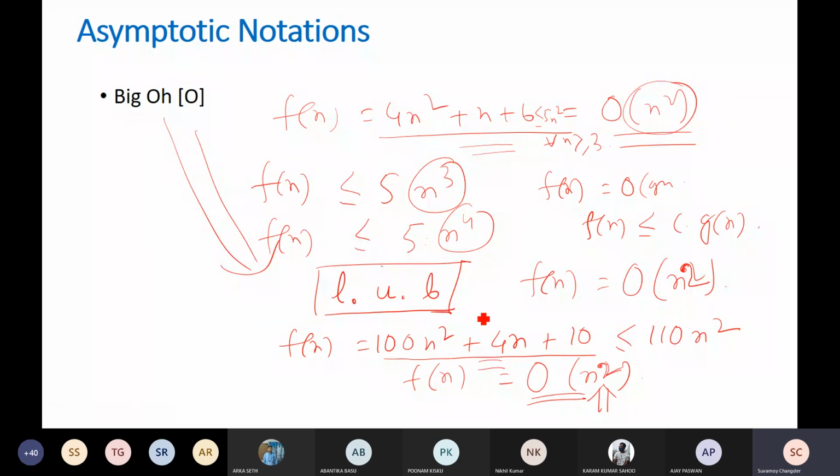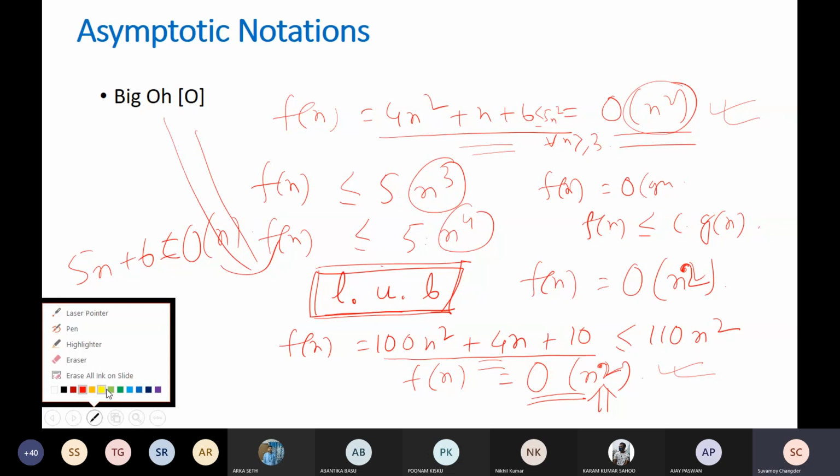Therefore, we can convert these equations or polynomials to the order of big O, and for this example these are order of n square. Similarly, you can write 5n plus 6 equals big O of n. Okay, and so on. Right. So here big O of n is providing us the least upper bound or the maximum value, we can say.